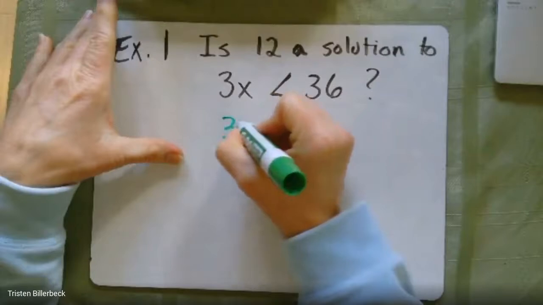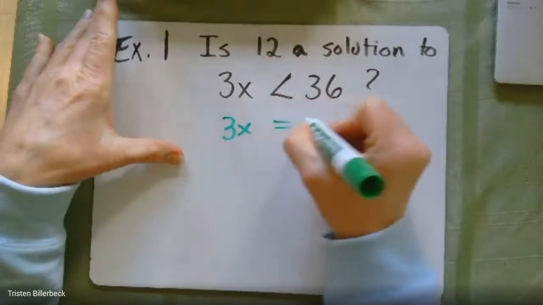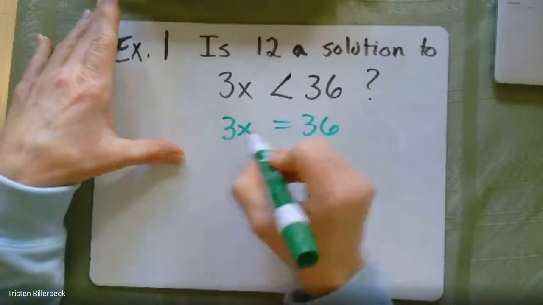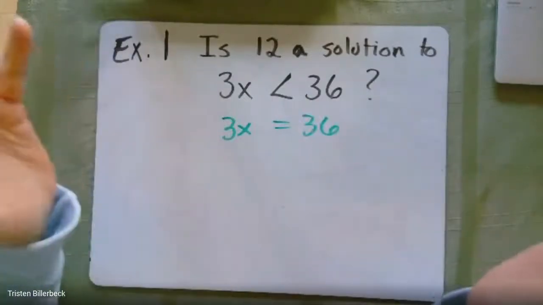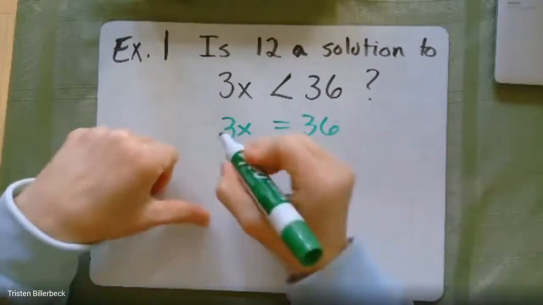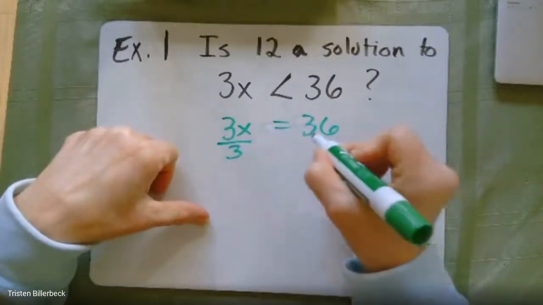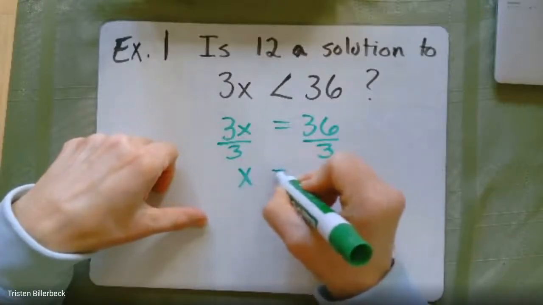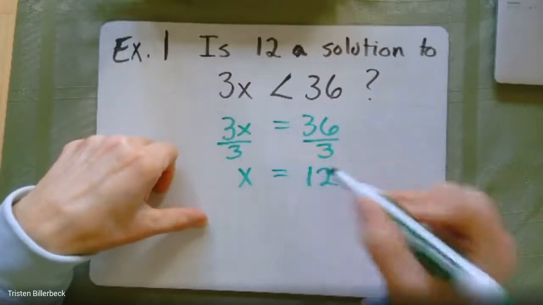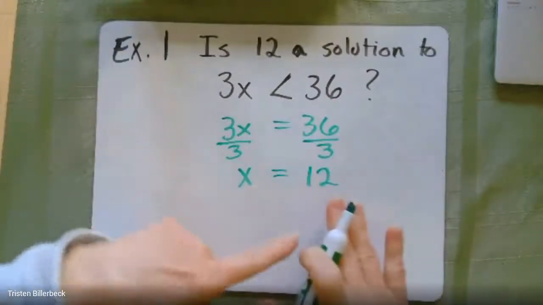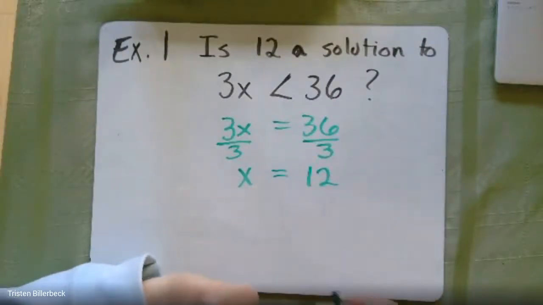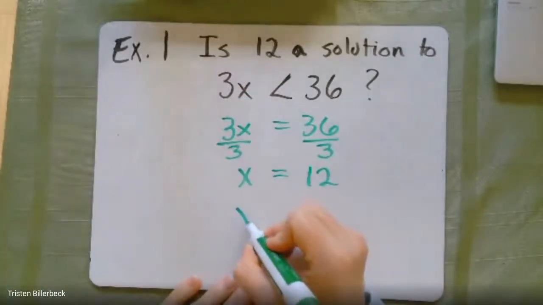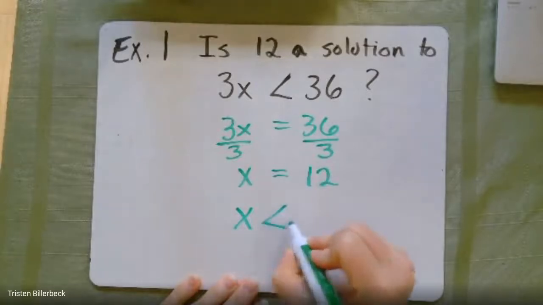Let's make it 3x equals 36. We've got this, right? 3 times x, what's the opposite of multiplication? That's right, division. So we're going to divide 3x by 3, and we get x equals 12. Now we're just dealing with an x and a number. So we go back, and we started with this, so let's put that back in. So x is less than 12.